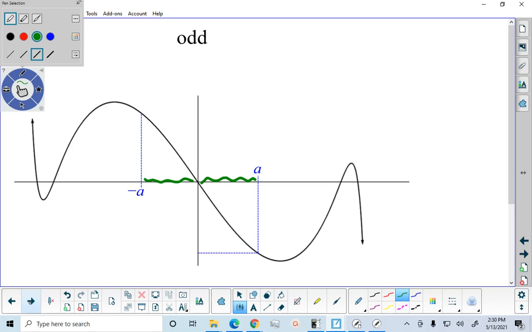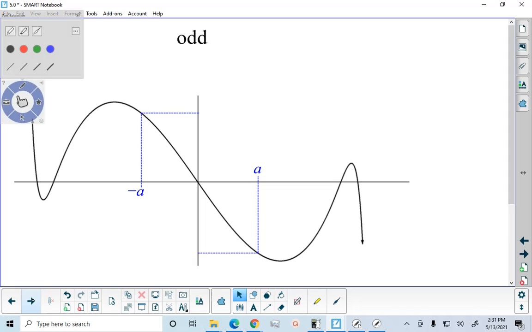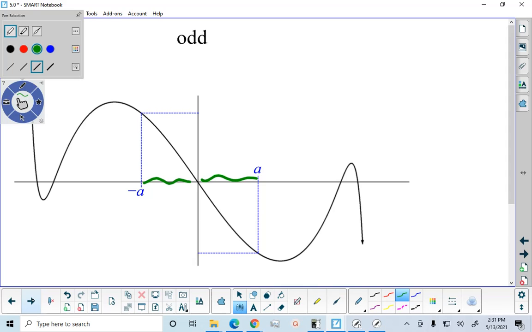Because if A is 5, negative A is negative 5. And if you take a look at the y-coordinate when x is negative A, you get a number which is not the same as the y-coordinate when x is A. But because it's symmetrical, this distance and this distance must be equal.